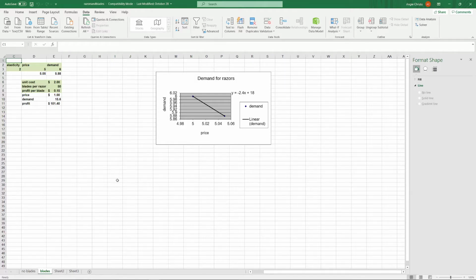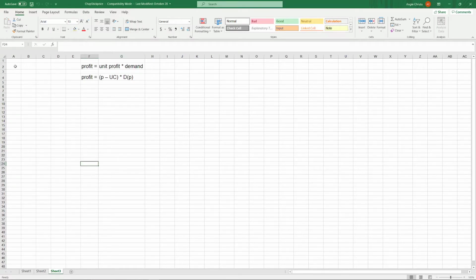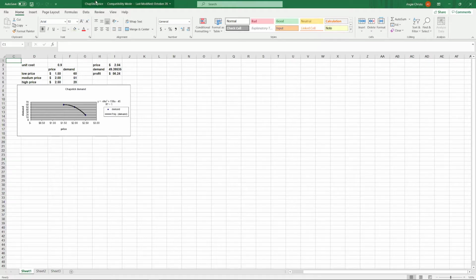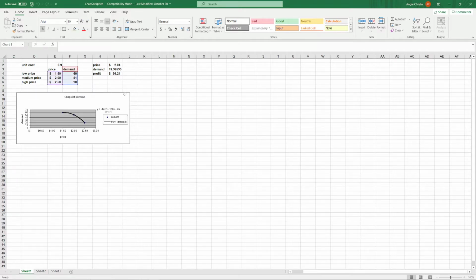And finally, if we have no questions here, I want to look at the last case we will see here, in this chapstick price file, which looks at what happens when your demand might not be a linear demand or a power demand based on a power curve.